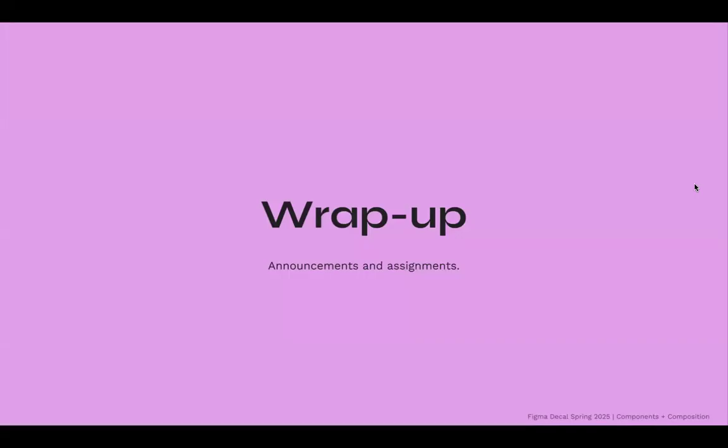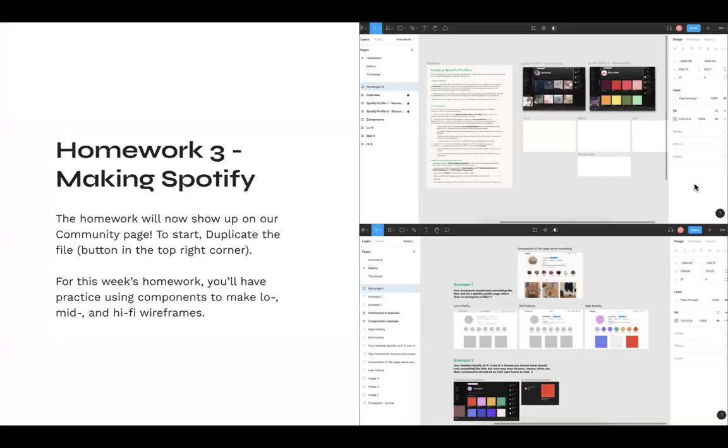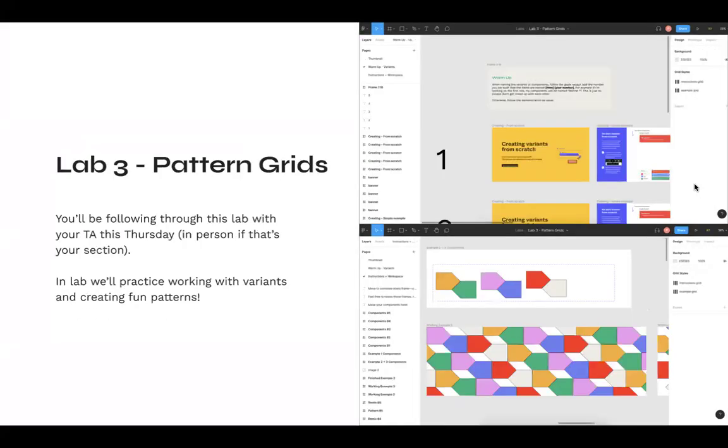We're going to wrap up and then do a small demo activity together. Your homework this week, which was actually my favorite assignment when I took the class, is making Spotify. The homework will now be in the community page, but it's also going to be posted on Canvas. For this week's homework, you'll practice using components to make low, mid, and hi-fi wireframes.